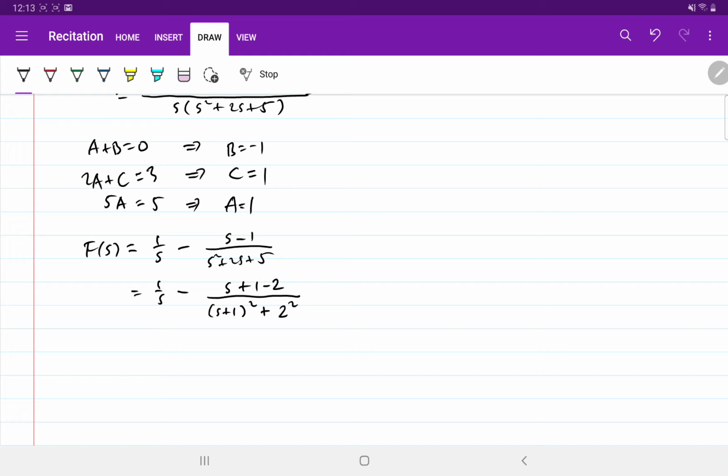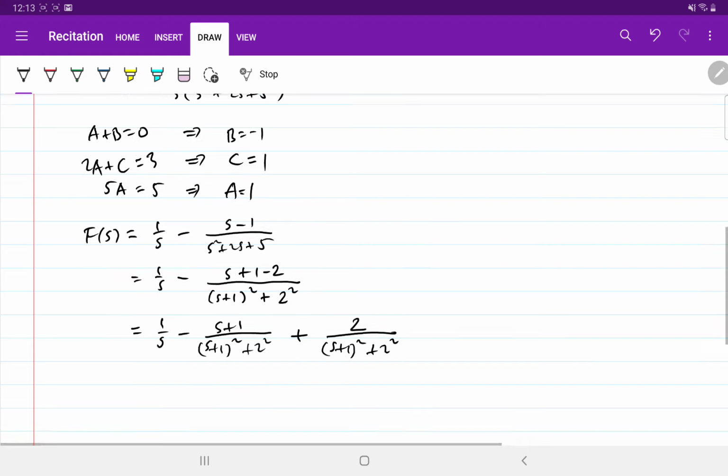Because s plus 1 minus 2 equals s minus 1. Okay, so we can expand this as s plus 1 over s plus 1 squared plus 2 squared, and then plus 2 over s plus 1 squared plus 2 squared.